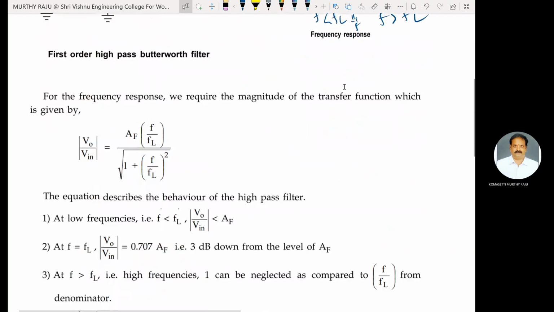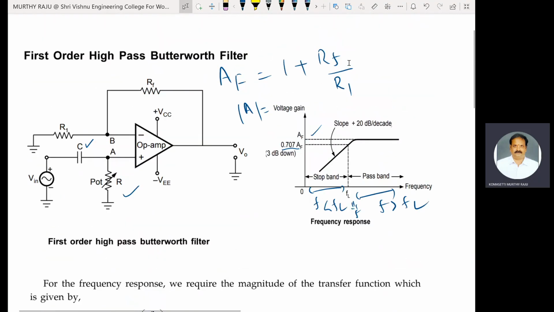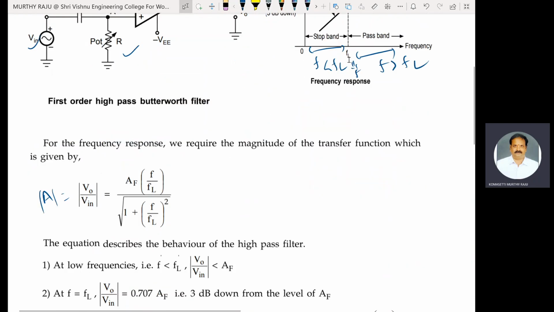Next, coming to the magnitude of the transfer function, which is given by this one: mod A is equal to output voltage by input voltage. This is output voltage V0, input voltage is Vin. Mod V0 by Vin is equal to AF into F by FL by square root of 1 plus F by FL whole square. In the coming session, I will derive this expression.